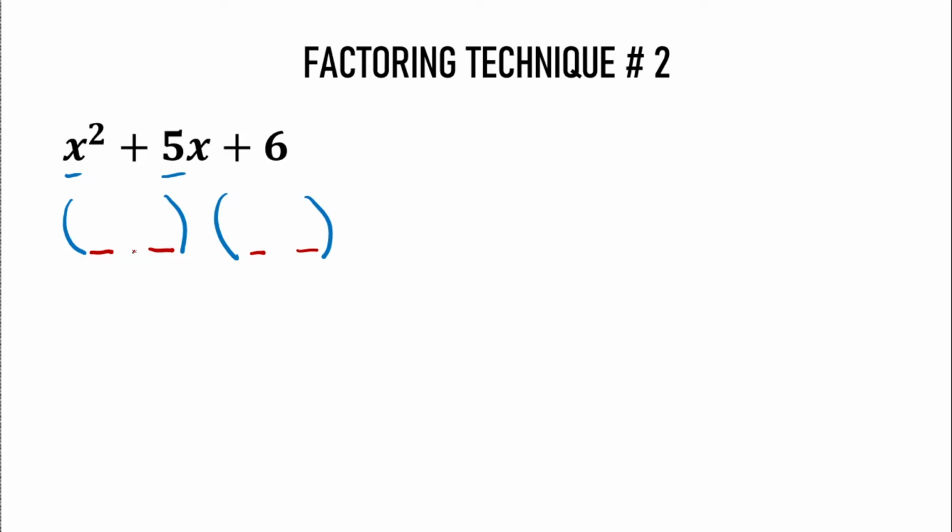Ang second factoring na ituturo ko sa inyo ay tinatawag na guess and check dahil ililista natin ang factors ng first terms at ang last terms. Una, we're going to list the factors of the first terms. Our first term is x squared.